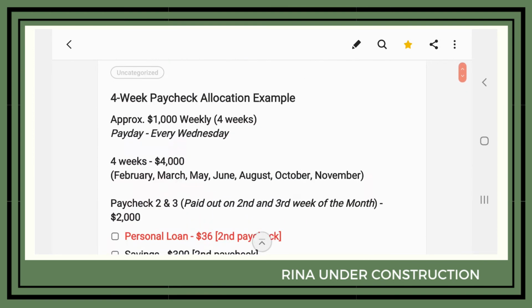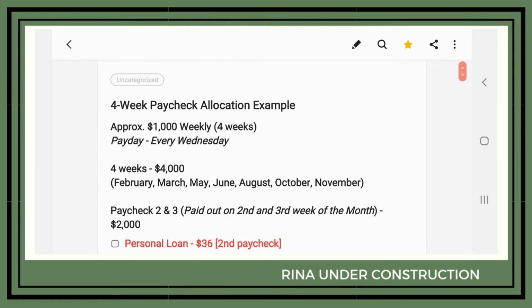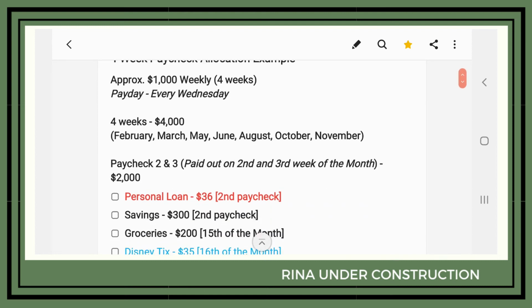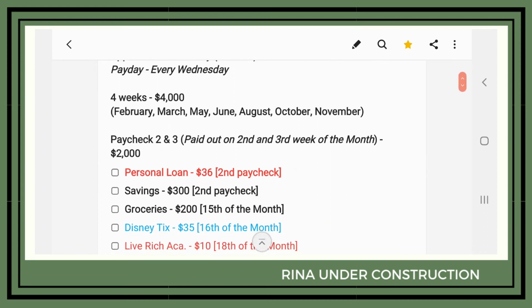So yeah, that's it. The 5-week paycheck allocation, I'm not gonna go through it because it's pretty much the same, except I put 5-week and then I put 5 weeks. I'm getting paid $5,000. I put which months I'm getting paid 5 paychecks or $5,000.